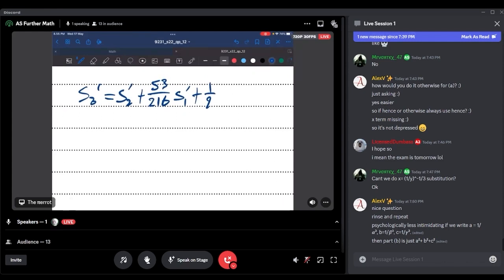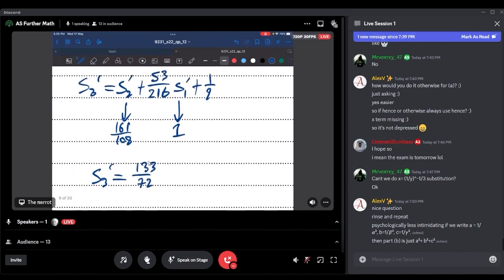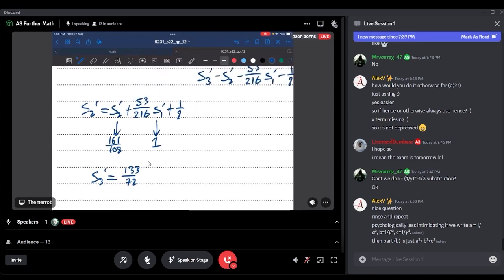What was this before? 161 over 108. This is just 1. When you add them up, you should get 133 over 72, like this. And can you verify? It should be right.